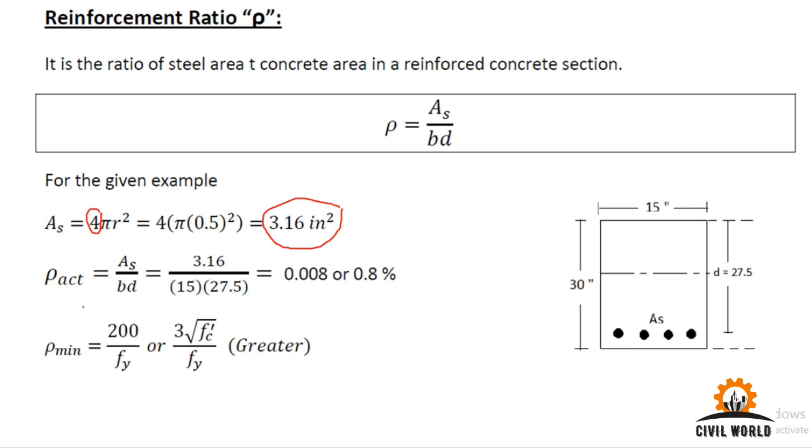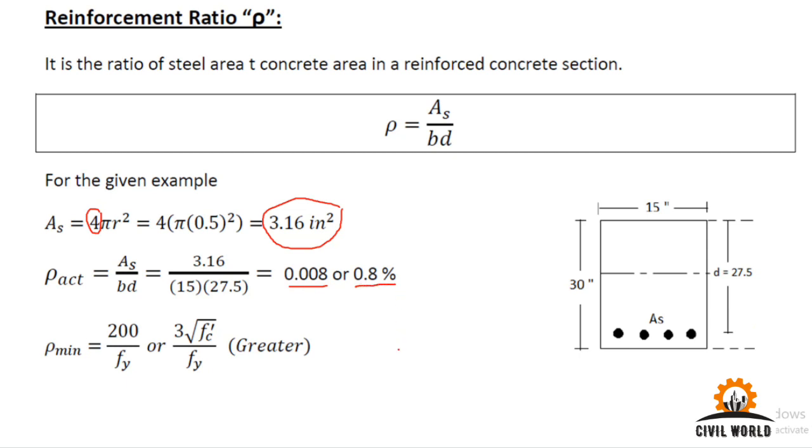So you have the value for width of the beam and effective depth of the beam. So you can put in all these values in this equation to calculate the actual reinforcement ratio which has been used in this section, which comes out to be 0.008, or if you multiply it by 100, it comes out to be 0.8%.